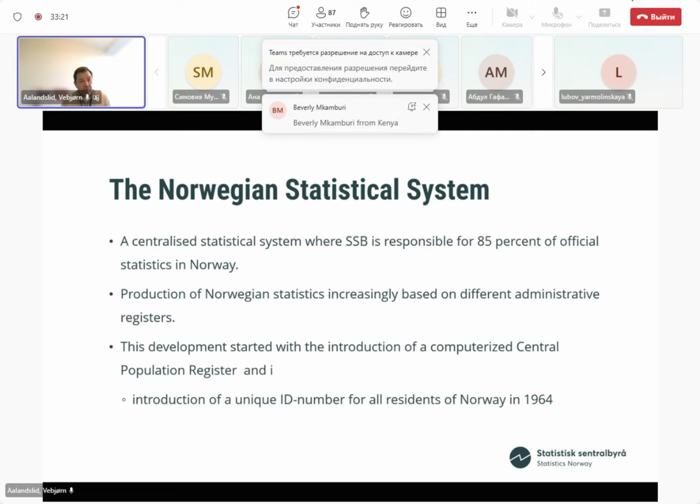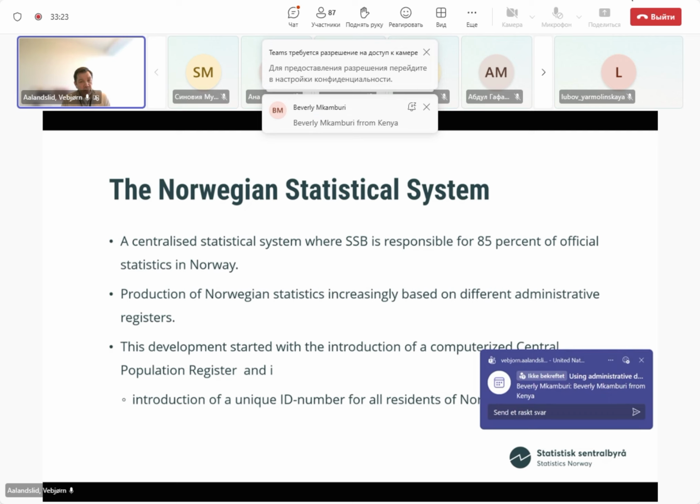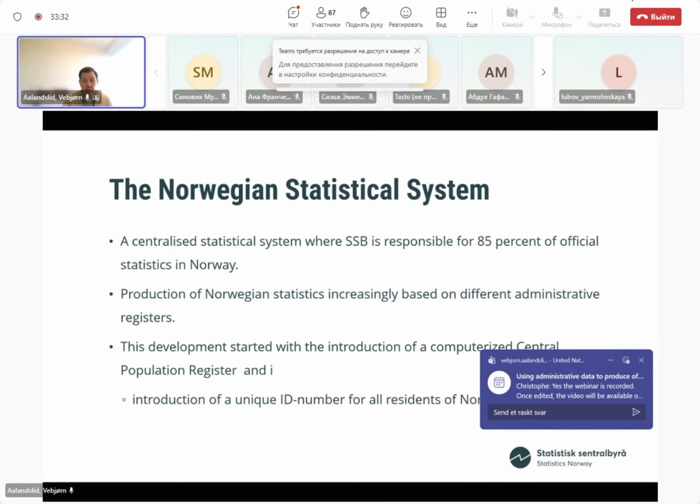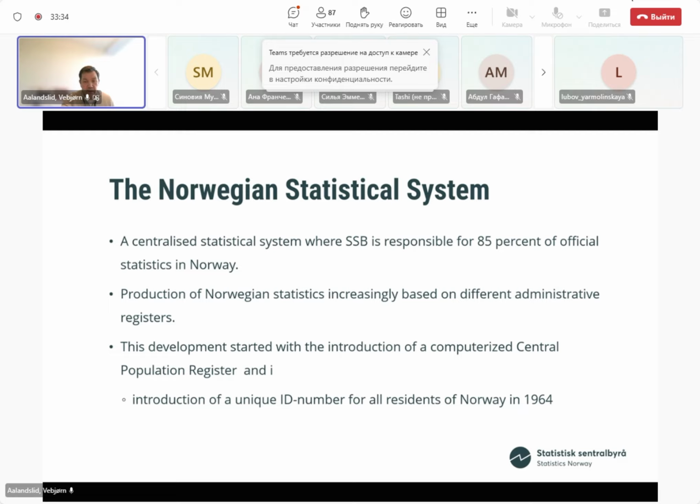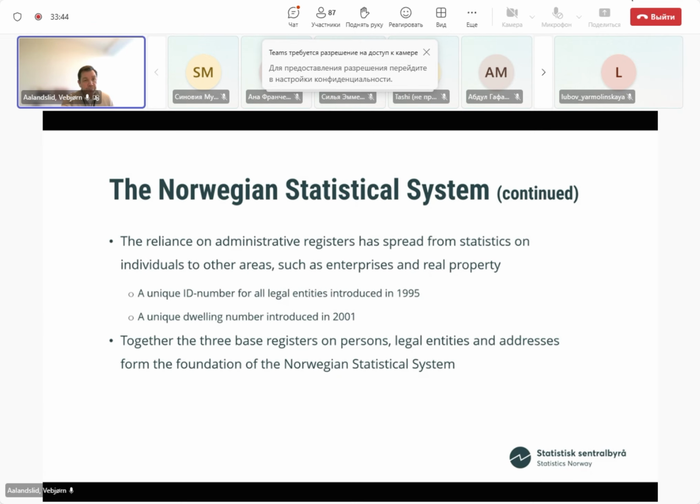And all this really started with the development and introduction of a computerized central population register and a unique ID number for all residents of Norway in 1964. So roughly 60 years ago, all residents in Norway were given a unique ID number.